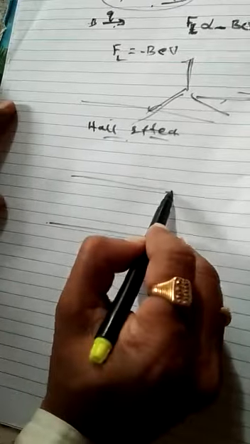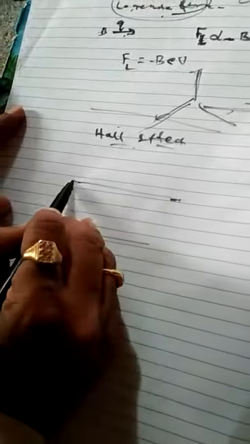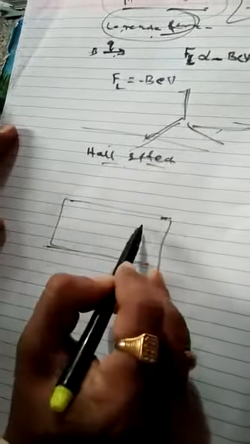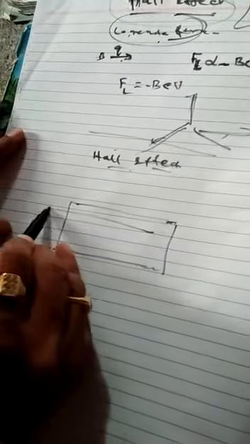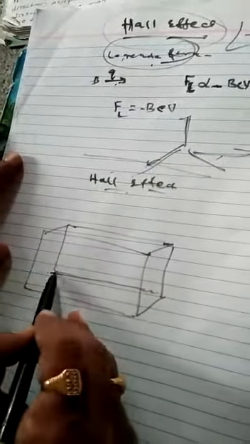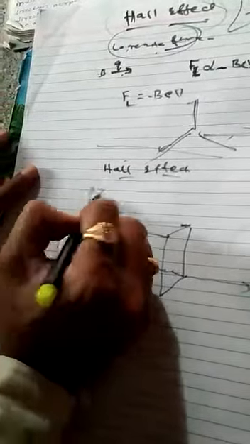Are you able to see here? I have one rectangular slab, for example. This is the rectangular slab, with the Z direction, this is the X direction, and this is the Y direction.